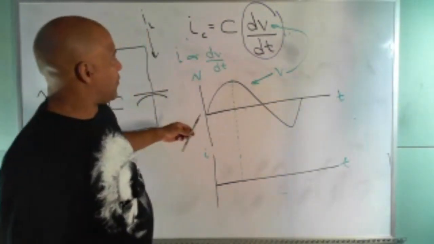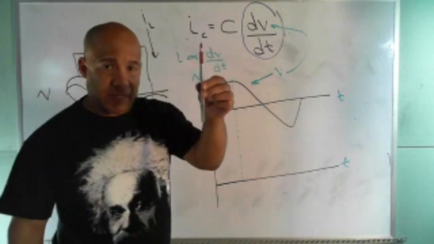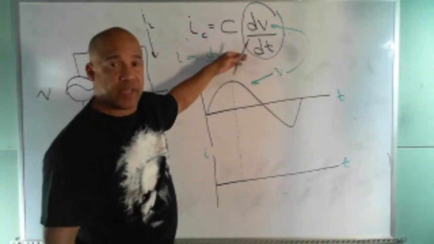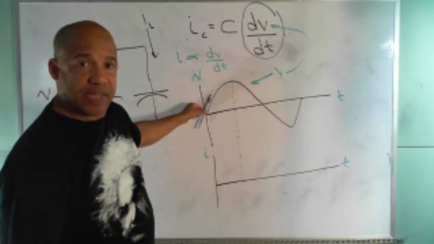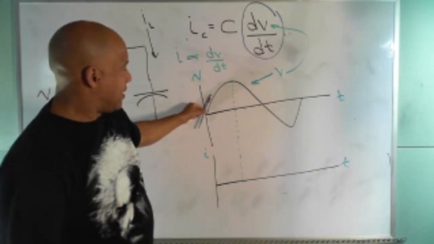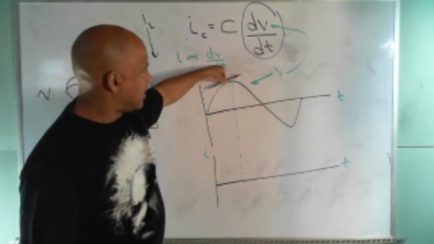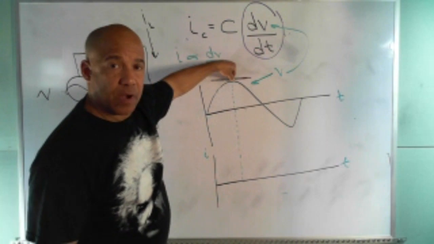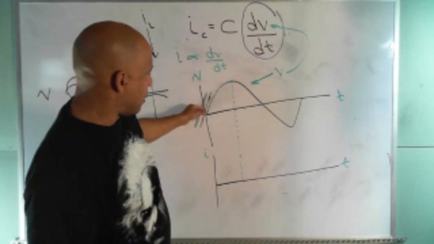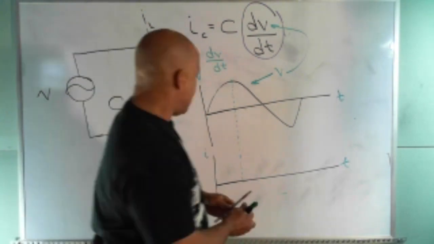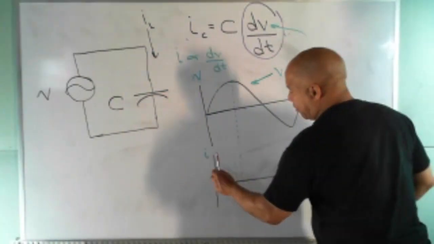So let's test it out. If this sine wave is V, the slope of this tangent line represents dV dt. So right here at the beginning, I can see that it's the highest. dV dt is really high. And as I move towards 90 degrees, dV dt goes to zero. That slope goes to zero. That means the current down here, since I'm multiplying it by that really high number, is going to start off at a really high value.